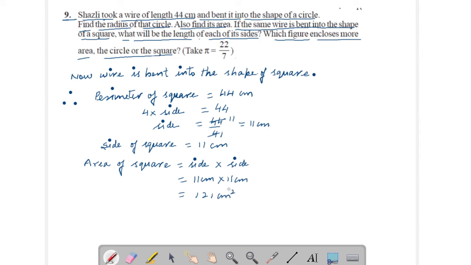Now compare the area of square and circle. What we observe, that area of circle is greater than area of square.